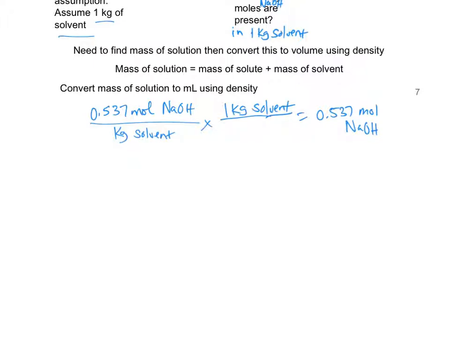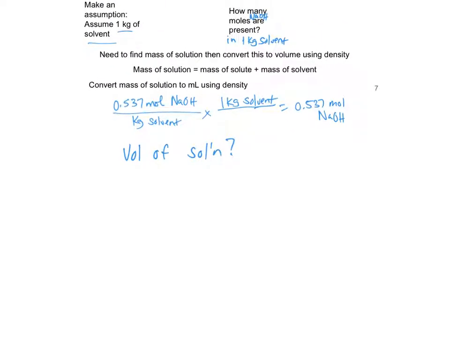Now we need to know the volume of the solution because, again, we're trying to get to molarity, moles per liter. So what's the volume of that solution? We can use our density.